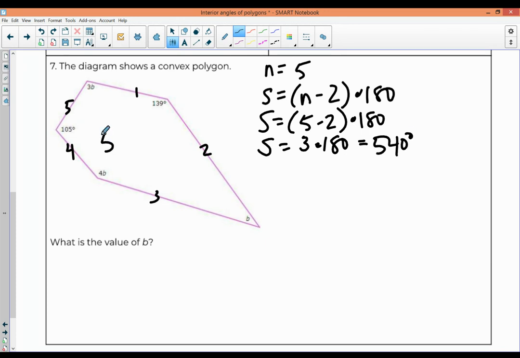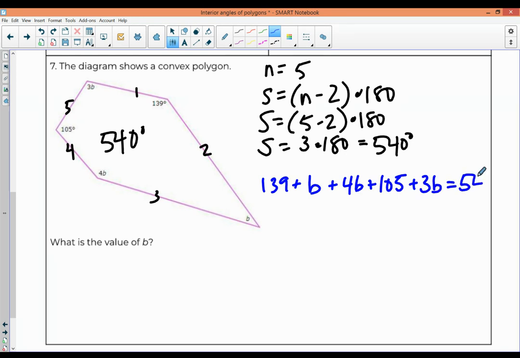So this is 540 degrees inside. So that means if I add all of these 5 angles up, it has to equal 540. So now that's what I'm going to do. So I have 139 plus b plus 4b plus 105 plus 3b equals 540.